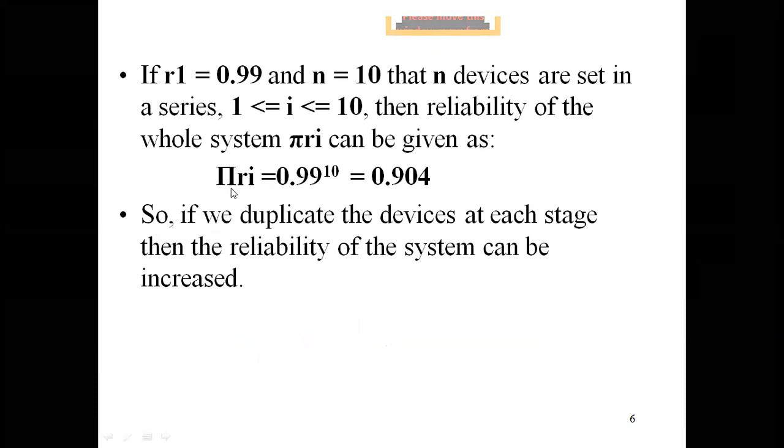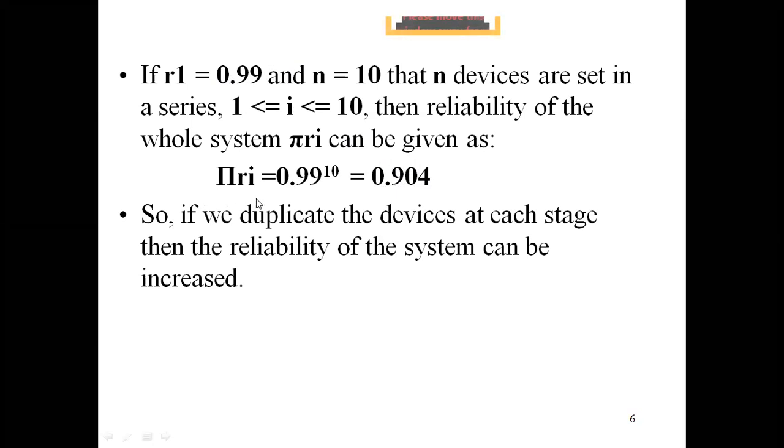This is the pi Ri. Pi Ri means the reliability of the whole system when each device's reliability is 0.99, and there are 10 devices. So the reliability is 0.904. Now observe, the reliability of each device is 0.99, but the reliability of the whole system, considering all the 10 devices, is 0.904. Here pi is a product function.